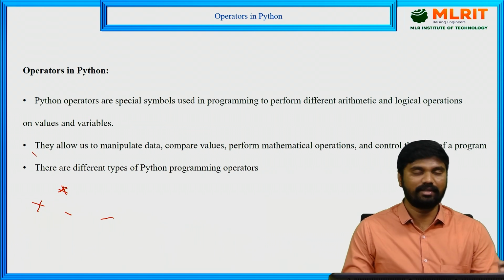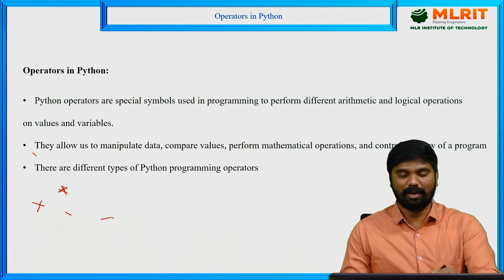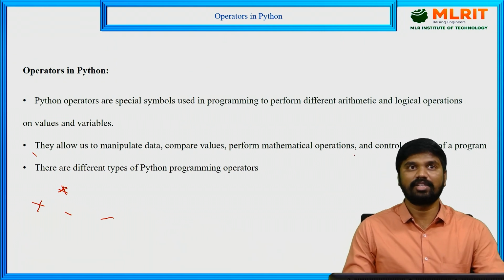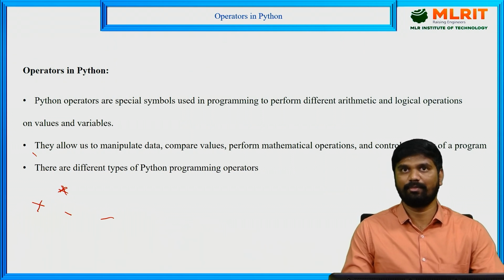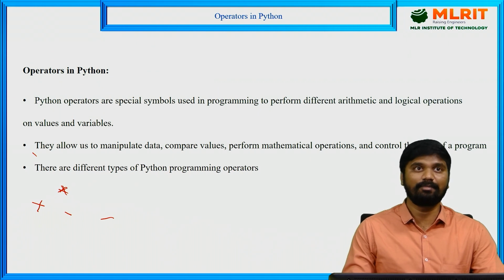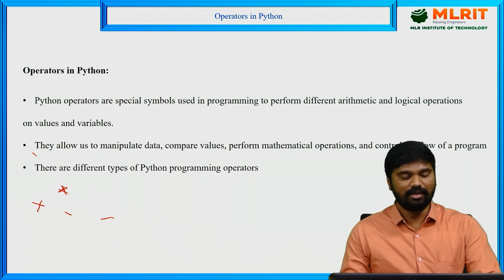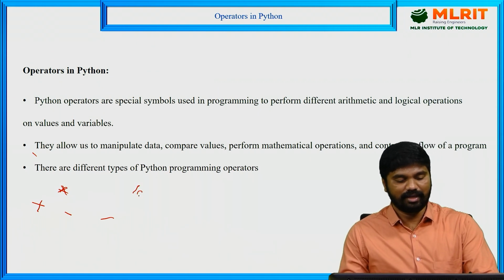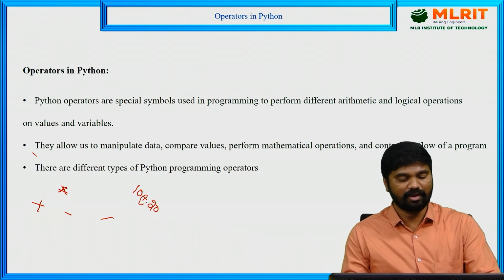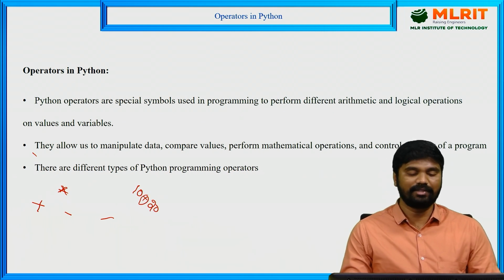Next, operators allow us to manipulate the data, compare values, perform mathematical operations, and they are also useful in the control flow of a program. For example, take 10 plus 20. Here we perform the addition operation.